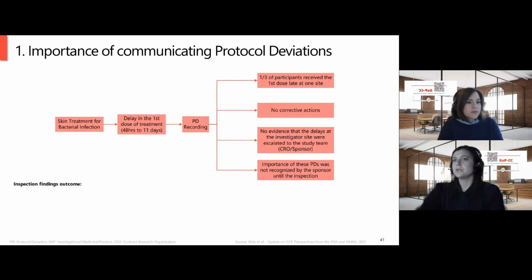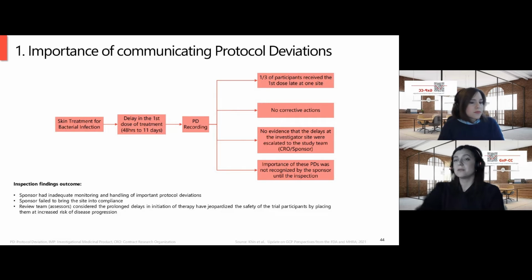So the inspection findings outcome was that the sponsor had inadequate monitoring and handling of important protocol deviations. The sponsor failed to bring the site into compliance. Also, the assessors considered that these prolonged delays in the initiation of therapy jeopardized the safety of the trial participants by placing them at increased risk of disease progression.